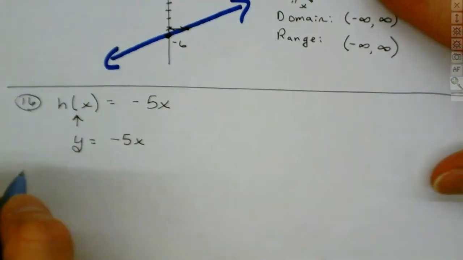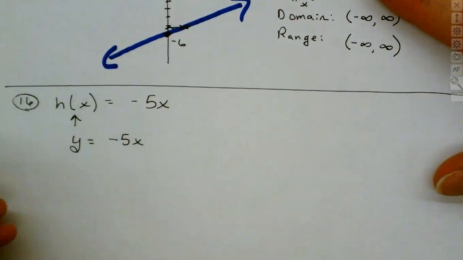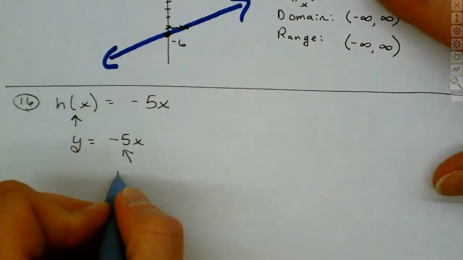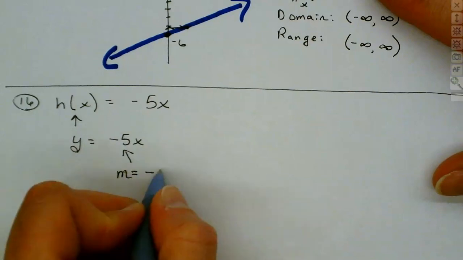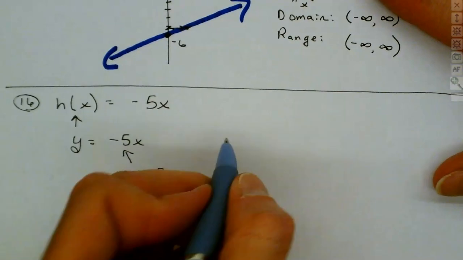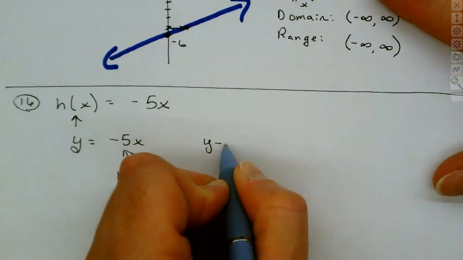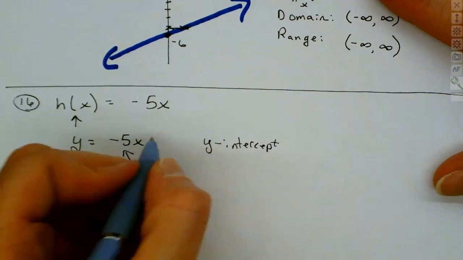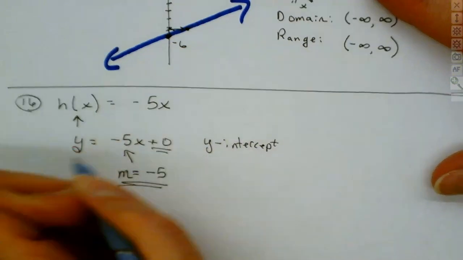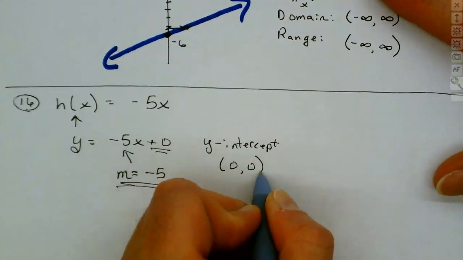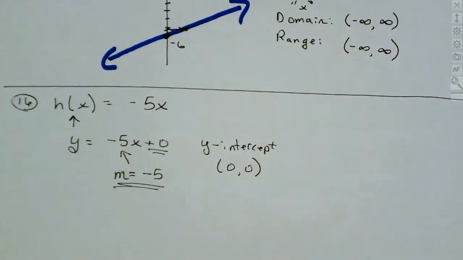So what would my slope be? Well, the slope is the number in front of the x, so that is m equals negative 5. What about the y-intercept? Is there a number on the end? No. So that is like having a plus 0. So my y-intercept would be 0, 0.